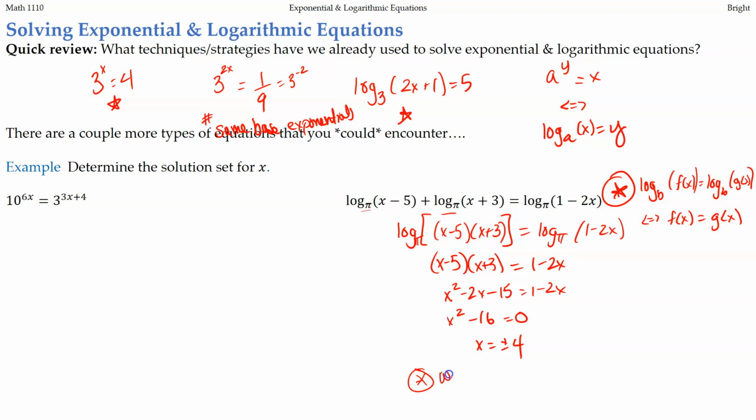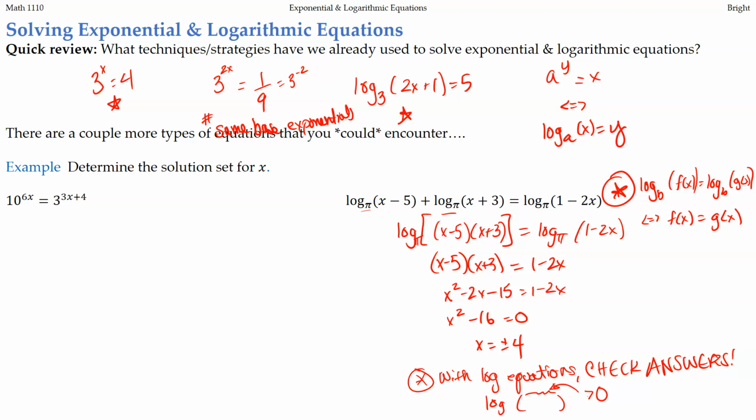So with log equations, we need to check answers. And specifically remember that the log of whatever's inside here, that thing inside, once you substitute it in, it needs to be positive.